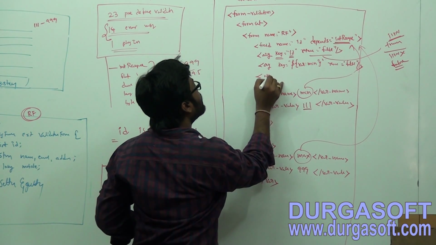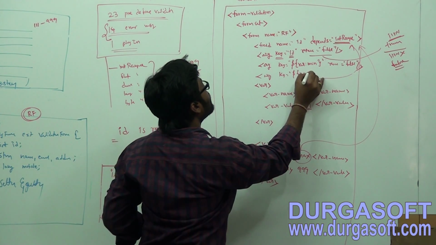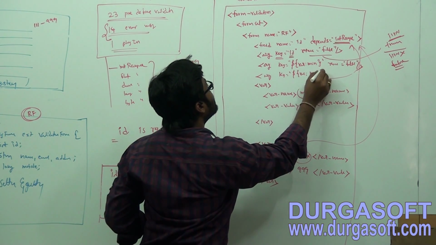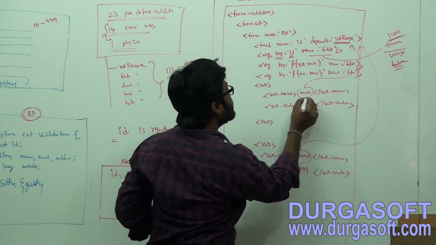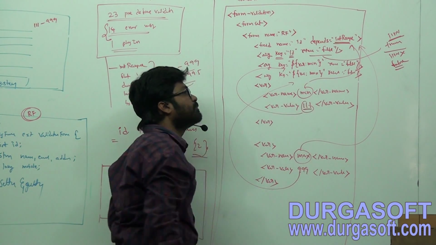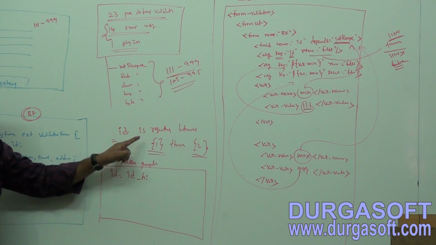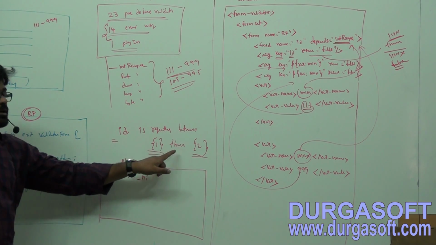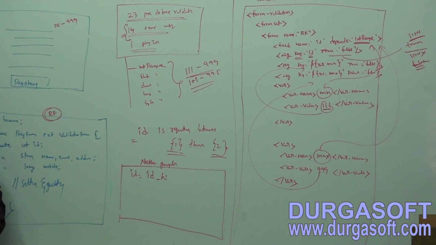One more argument, key equal to variable colon max, resource equal to false. Finally, dynamically these values it will append here, for variable min and variable max. So those arguments finally it will place in your message. ID should range between 111 and 999, this error message it will print to the user finally.